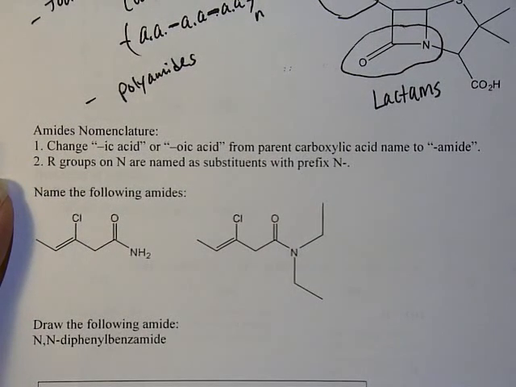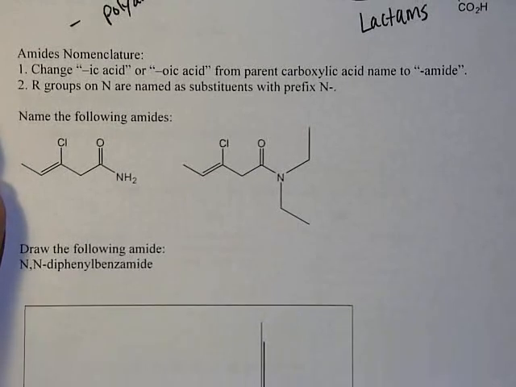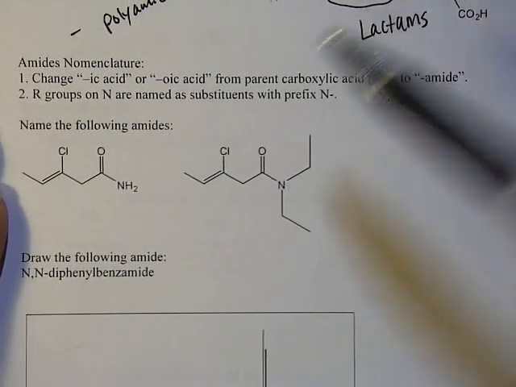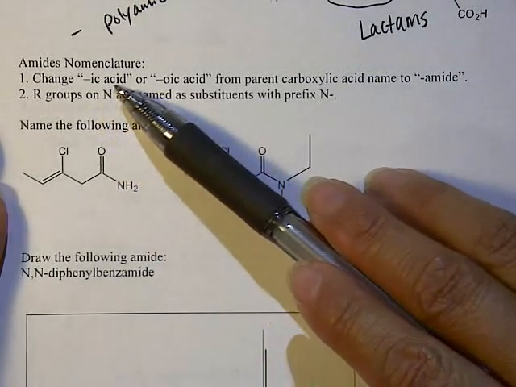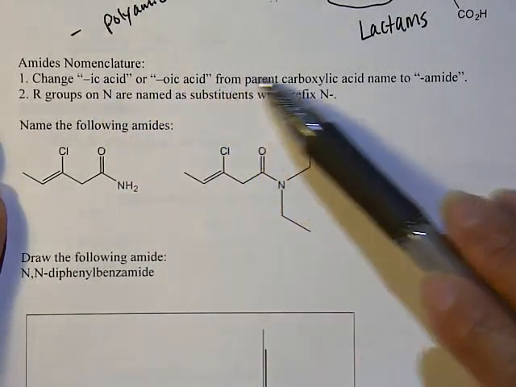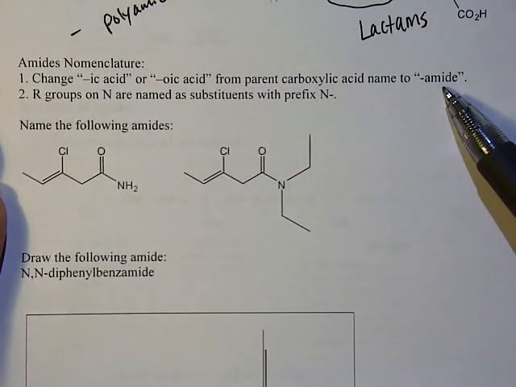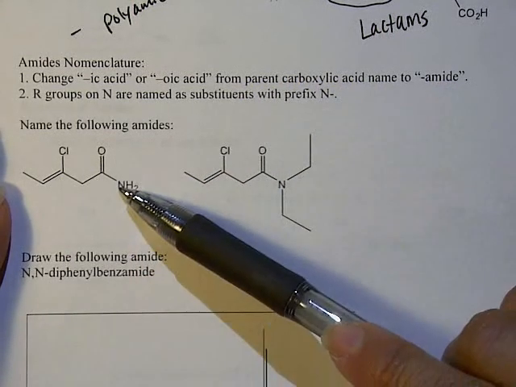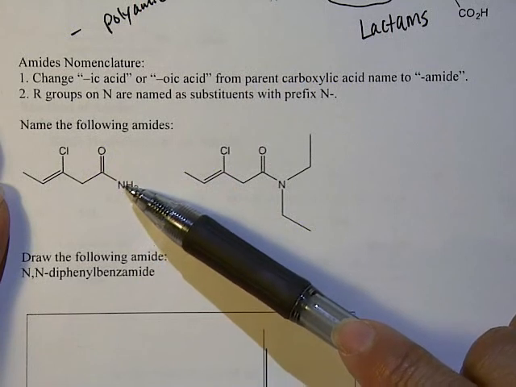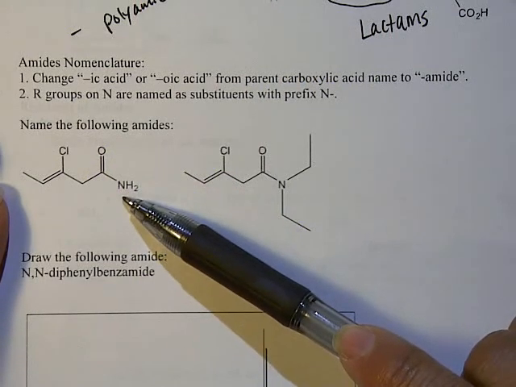So let's start out with the nomenclature, and the nomenclature is simple, just like other acid derivatives. You're going to drop the -ic acid or the -oic acid from the parent carboxylic acid, and you're going to change that to amide. Now, some of the amide groups are going to be unfunctionalized on the nitrogen. In other words, there are no R groups on the nitrogen.